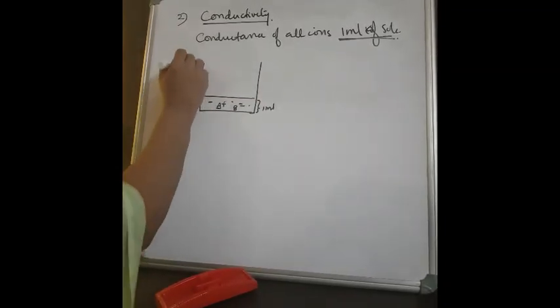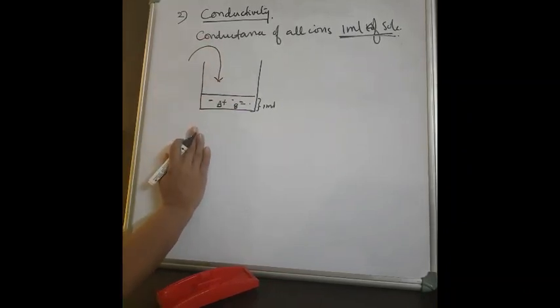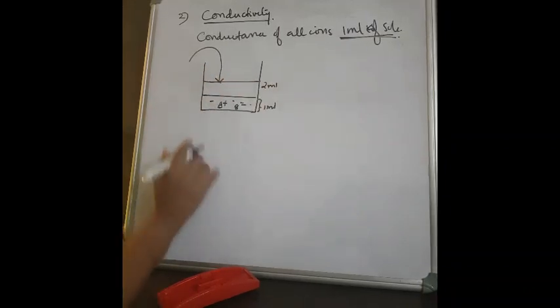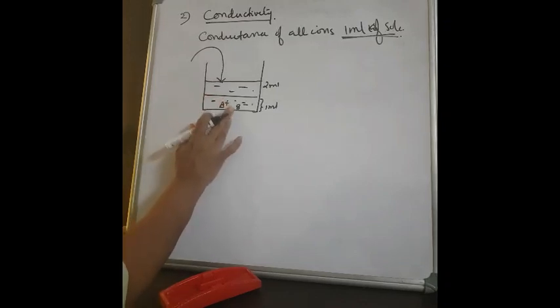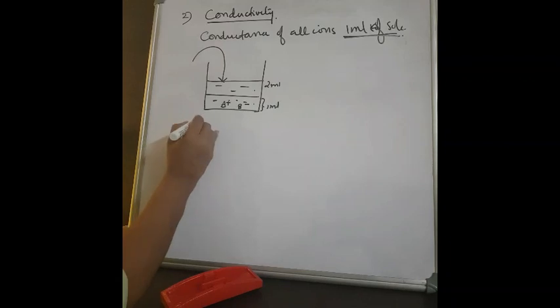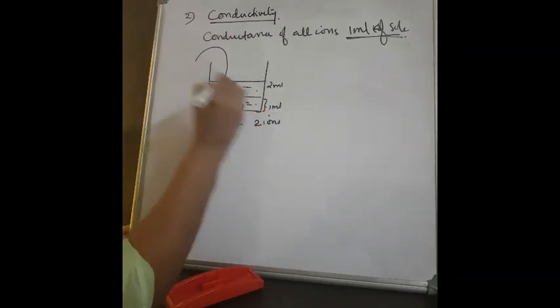Just imagine. Now, if I dilute it by adding water or any solvent, what will happen? Suppose I dilute it to 2 ml. So, what about the number of ions present in this 2 ml? If it is 1 ml, you will have 2 ions, correct?